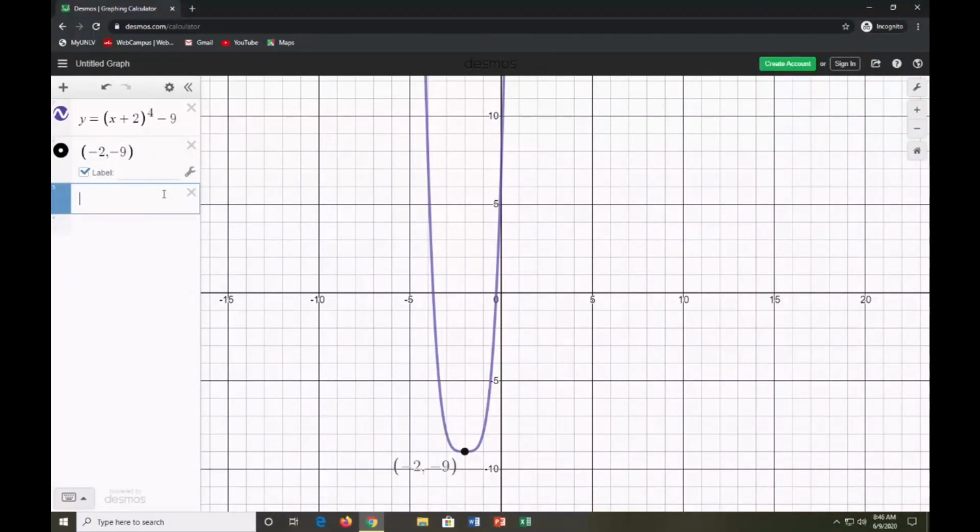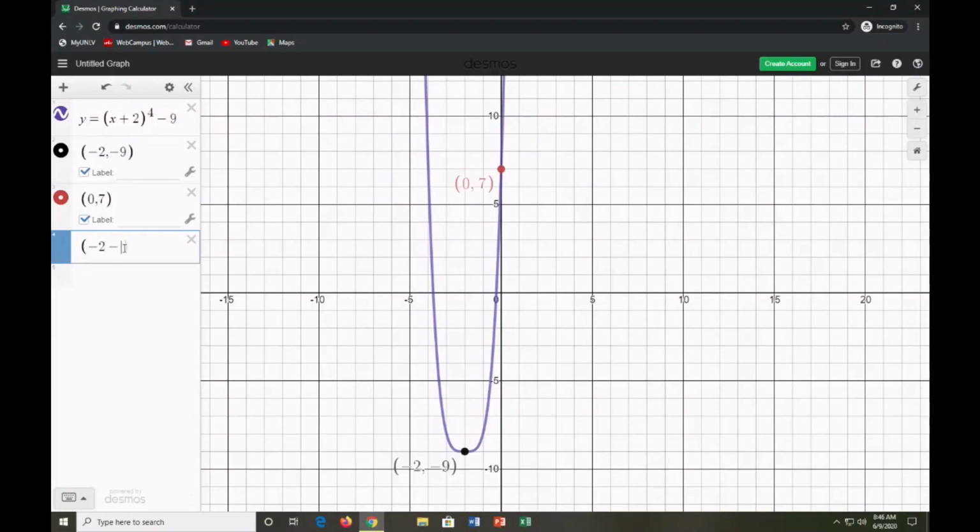Let's snap to the next easy point, which is 0 comma 7, right there. That's what we found as the y-intercept. Let's snap now to these two x-intercepts. I'm going to enter it exactly with the fourth root and everything.